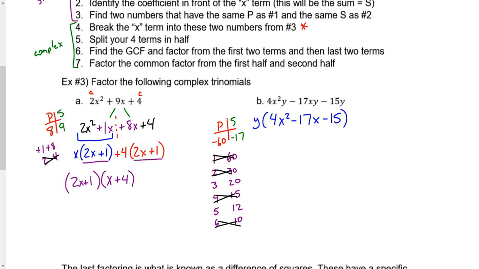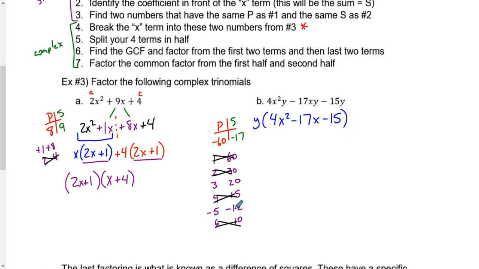So this is where you have to have an understanding of what our factors are. That has to fit these two strict criteria. It has to have a product of negative 60 and the sum of negative 17. If by chance, so to get a sum of negative 17, both of these would have to be negative.